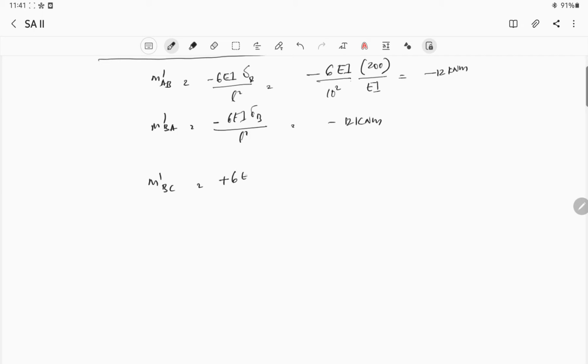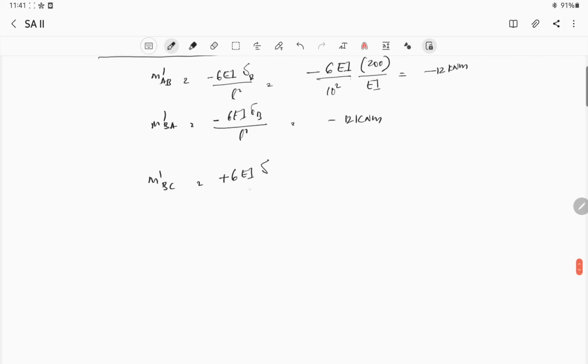What about M dash CB or M dash BC? It will be plus 6EI delta C by L square. Simplify this one, you will get 6 kilonewton meter. This will be positive. Why? Because we will be having clockwise moments there.